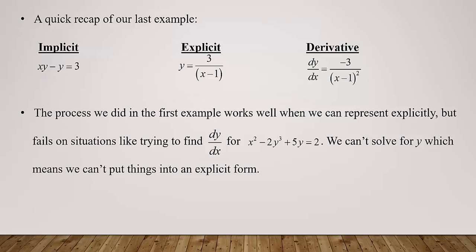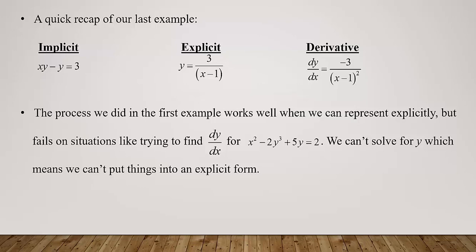Now, this doesn't seem too bad. That process we just ran through in the first example, folks, works well when we can represent the function explicitly. So when we can take our equation and solve it for y, that's representing it explicitly.